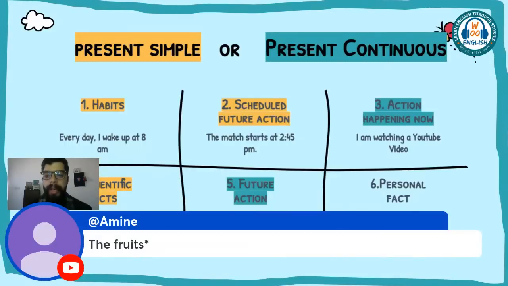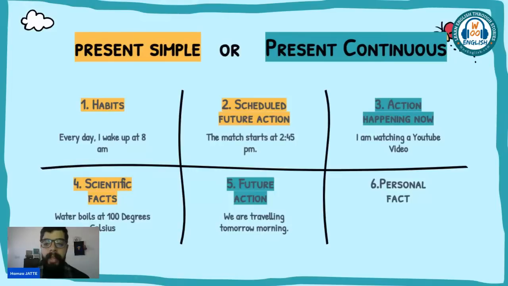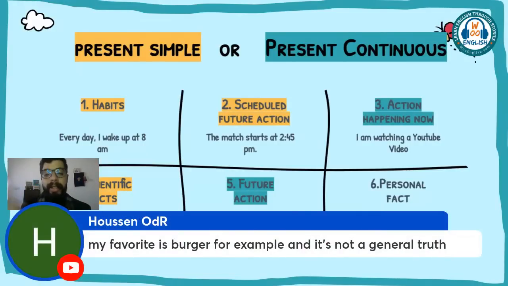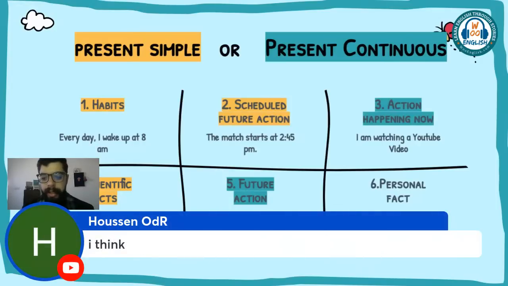Okay. All right, great. So I like fruits or I like the fruits. Very good. I really like this one. Indeed, this is a personal fact. This is something true about you, but it may not be true about other people. My favorite food is burger, for example, and it's not a general truth.